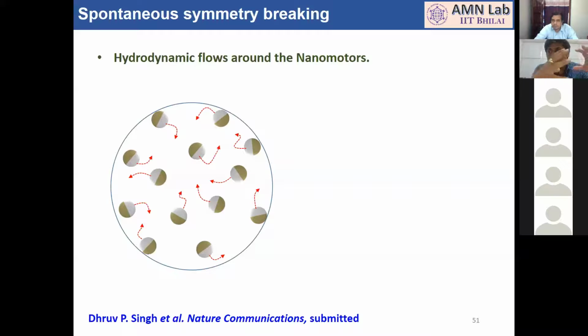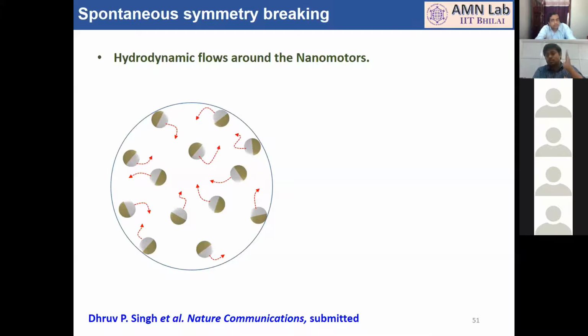But if you take them at high density, meaning they are so closely packed that the flows around each nanomotor start to interact with the flows of the other nanomotors, then some sort of coupling starts.